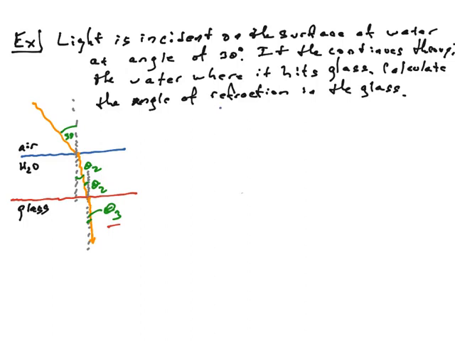First way is I need to get to theta 3. So what I'm going to do is use Snell's Law that says N1 sine theta 1, so I'm going from air into water, equals N2 sine theta 2. I'm going to do this to try to get what theta 2 is. Because if I figure out what theta 2 is, then going from water to glass, and the glass is what I want, all I have to do is say N2 sine theta 2 is N3 sine theta 3.